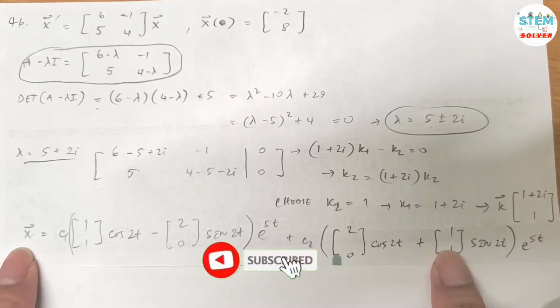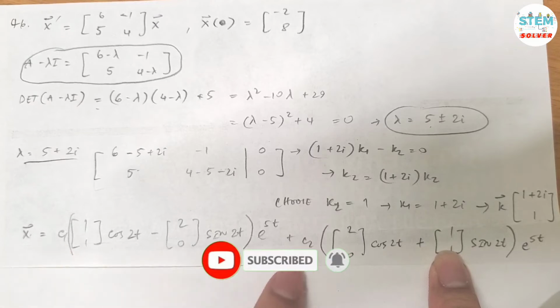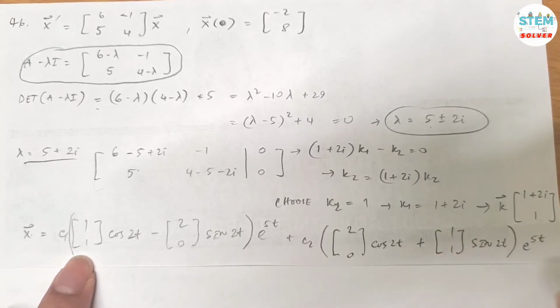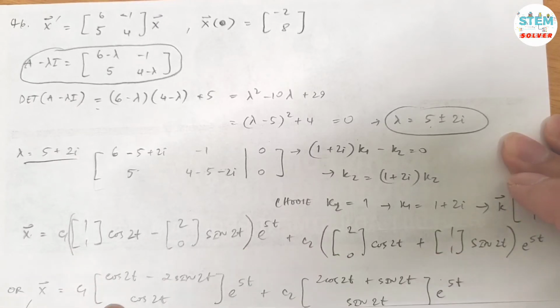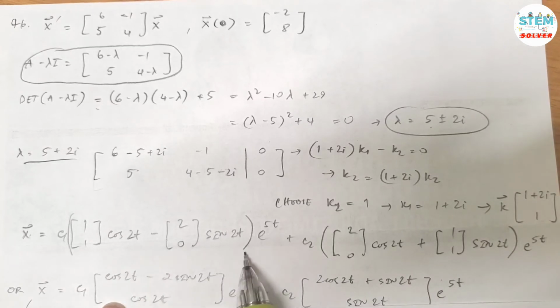Normally you would stop at this step, but because you are given an initial value problem, you have to find out what c1 and c2 are. So let's go further. If I simplify this down, that gives me this matrix.